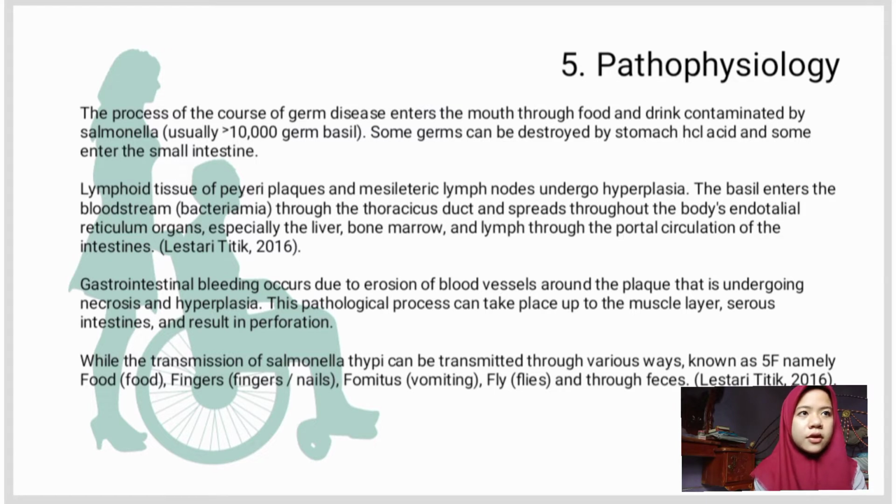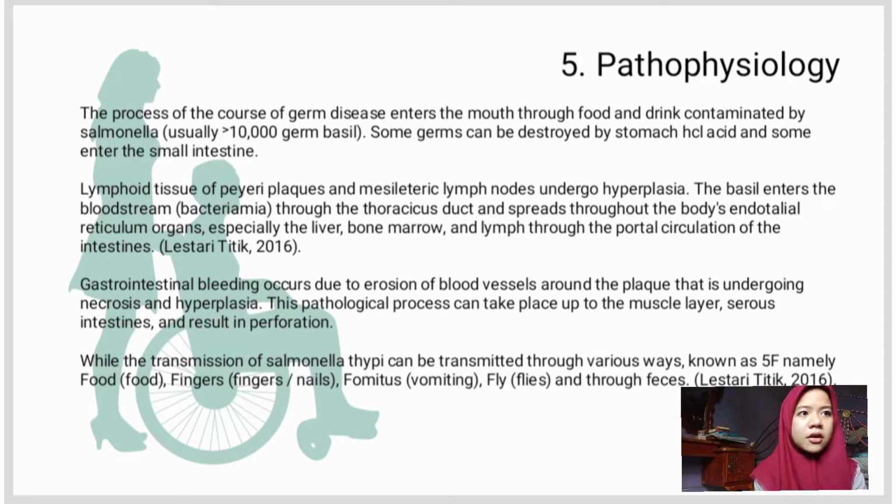Lymphoid tissues of Peyer's patches and mesenteric lymph nodes undergo hyperplasia. The bacilli enter the bloodstream through the thoracic duct and spread throughout the body's reticuloendothelial organs, especially the liver, bone marrow, and lymph, through the portal circulation of the intestines.